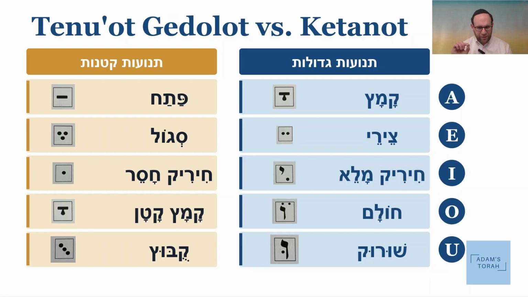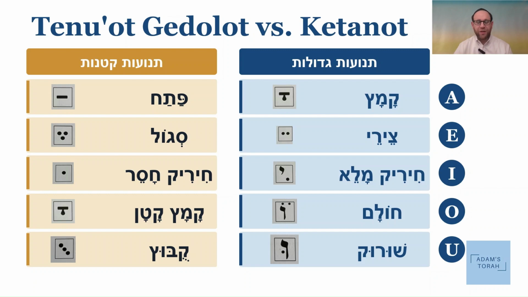If there's a dot underneath, followed by a yud, and in the word chirik, you could see how there's a dot underneath the chet, and it's followed by a yud. There's a dot underneath the resh, and it's followed by a yud. That yud, it's confusing because you might think it's a consonant. In Hebrew, the letters are usually consonants. But this yud is actually part of the vowel.